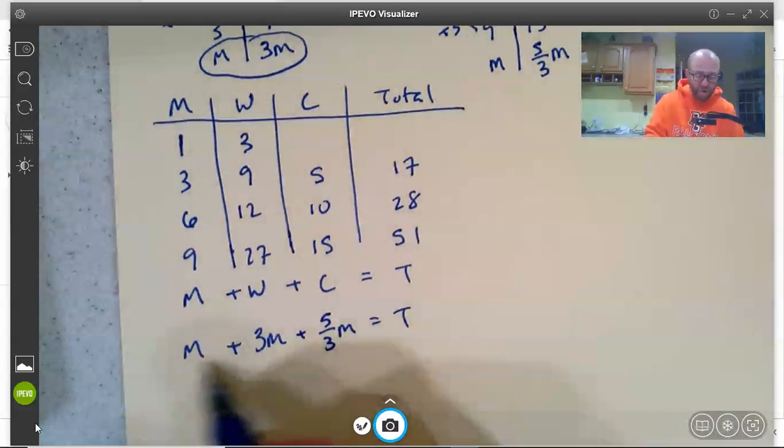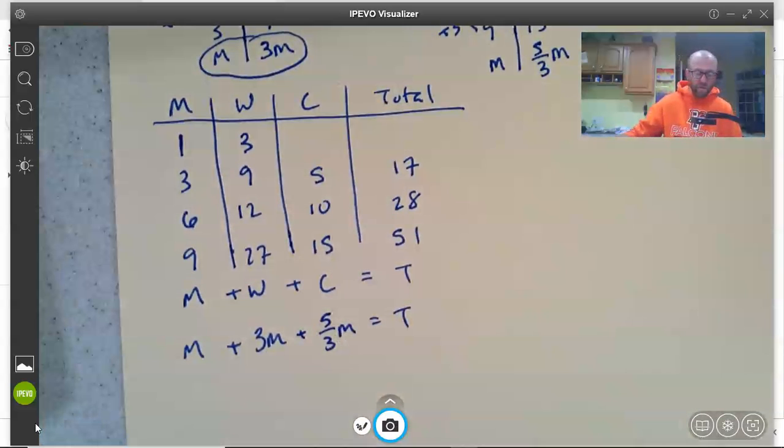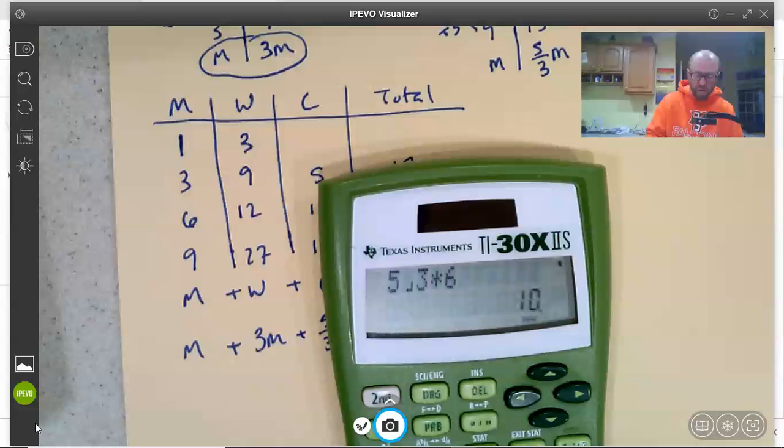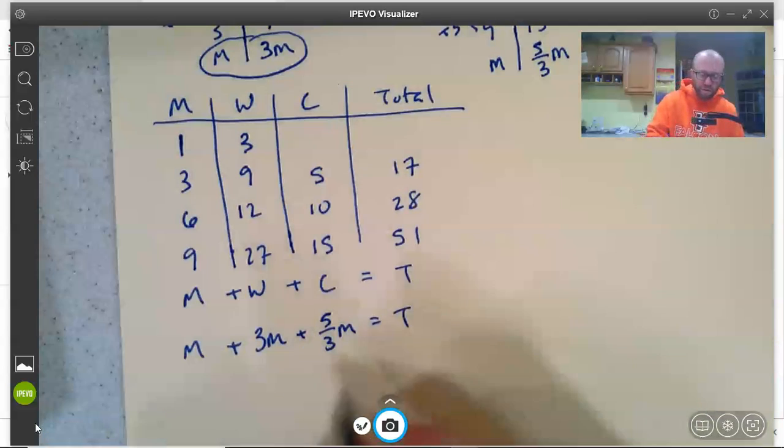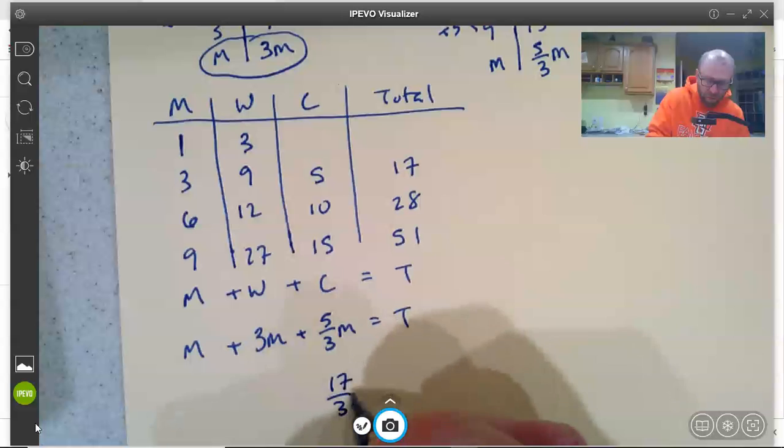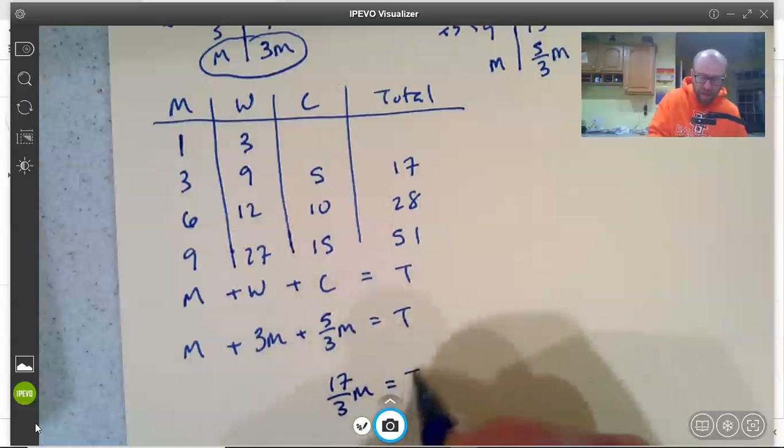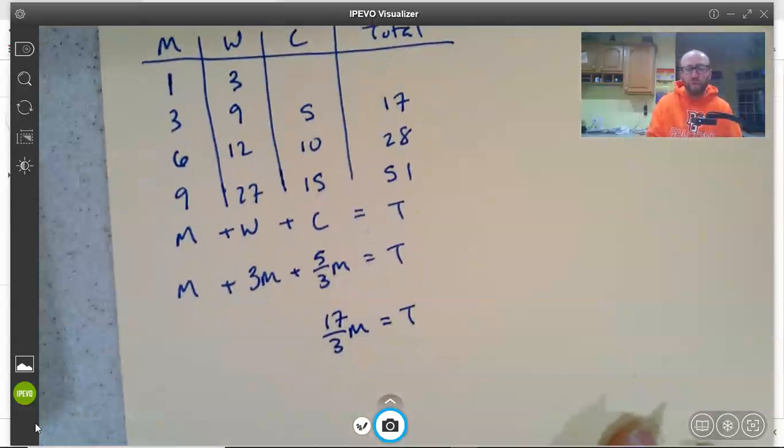So let's see, M plus, so 1 plus 3, we have to combine like terms. 1 plus 3 plus 5/3 gives us 5 2/3, which is 17/3. So 17/3 M equals T. That's our overall rule.